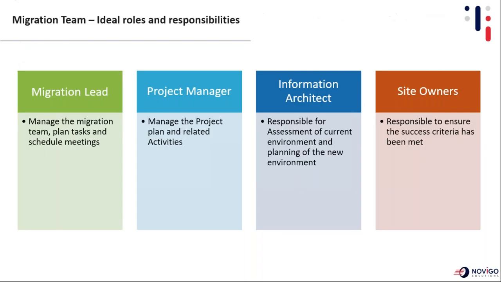So the migration team, the ideal roles and responsibilities for the migration lead would be to manage the entire migration team, plan the tasks, and schedule the meetings. Migration should be handled very similar to a regular project in your organization, which means it's valid to have a migration team. In an ideal world, this migration team would look like what you currently see here on the screen.